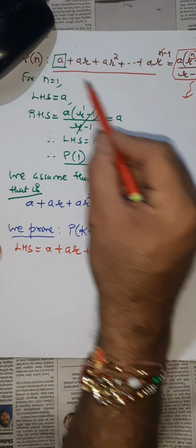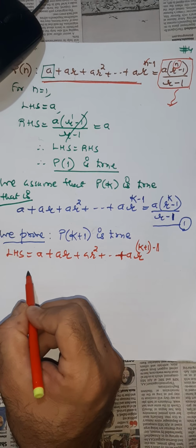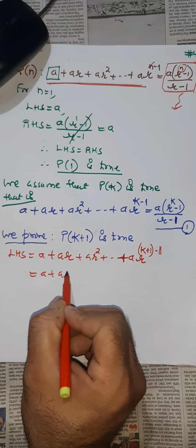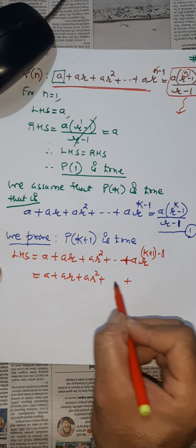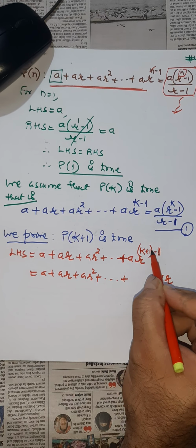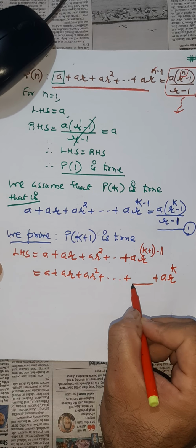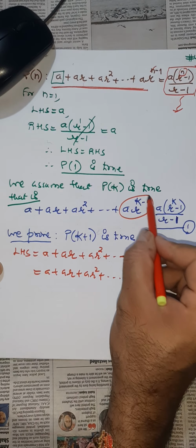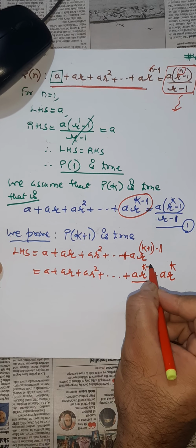What you did, just here instead of n you have placed k plus 1. Now we write always as we did previous term. Now here this is the last term. Last term is a into r raised to k, the 1 will get cancelled. What's the previous term? It is always 1 less power. So a into r raised to k minus 1.